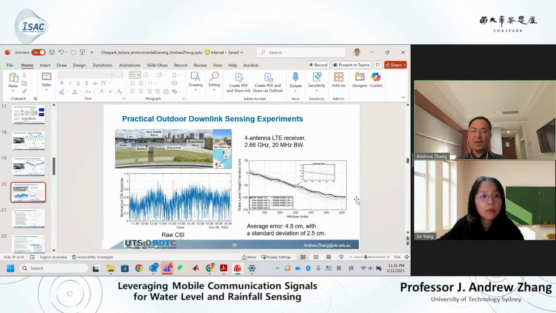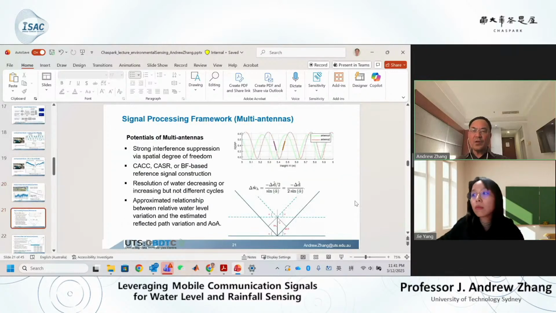That's something I'm interested in to know actually, because according to our experiments, it's very hard to see the difference directly associated with the attenuation due to rainfall in the cellular networks.